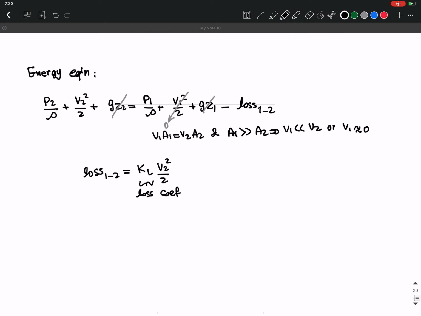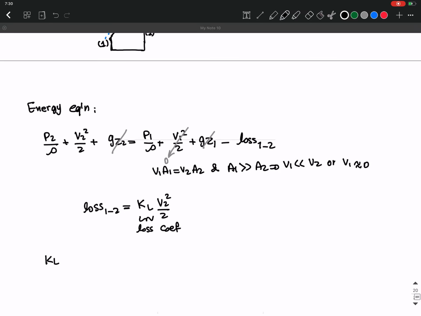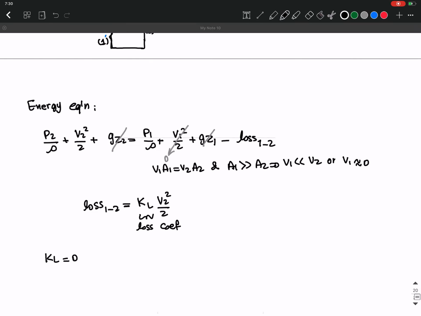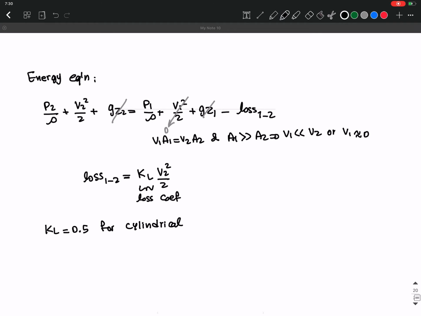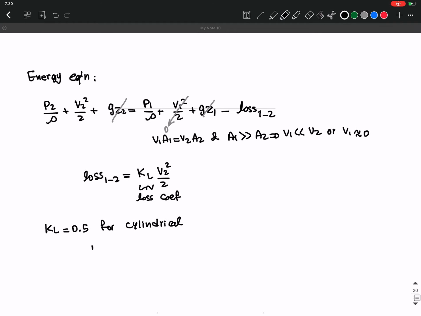And so KL, this loss coefficient, is 0.5 for cylindrical vents, something like this. You are going to lose a lot of energy, like half of your energy, if you have a vent like this.